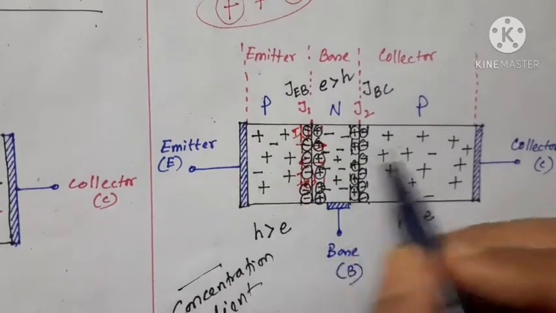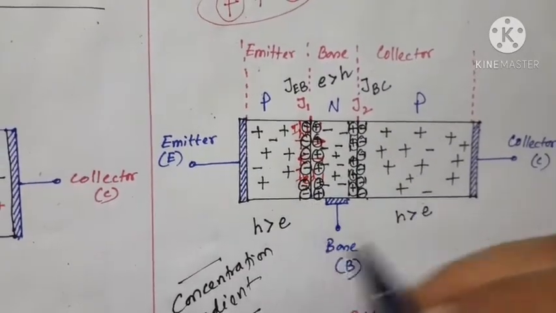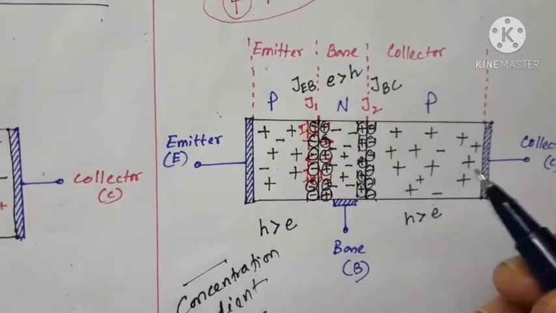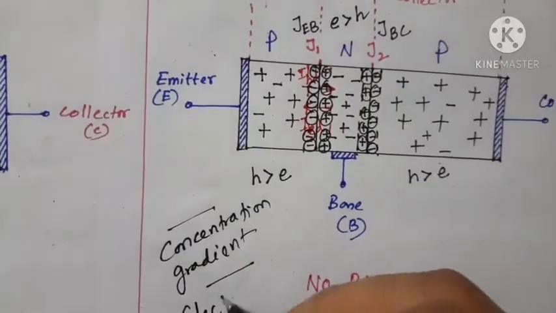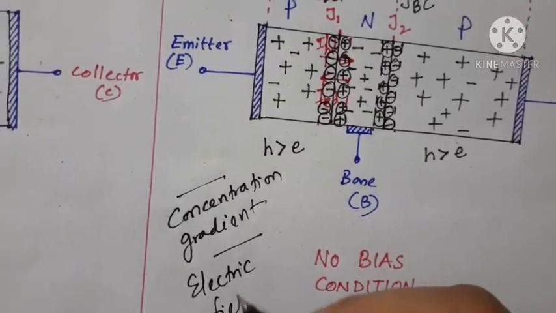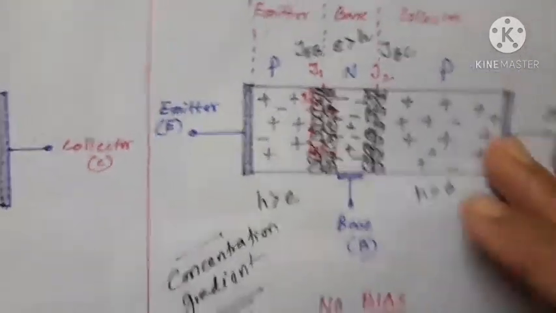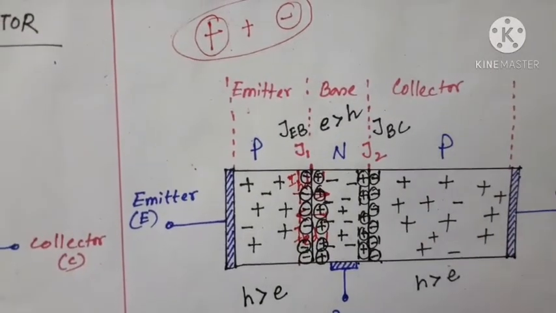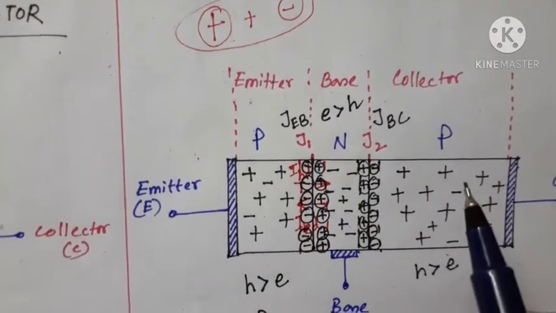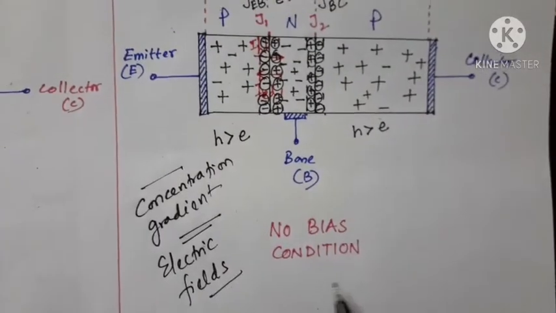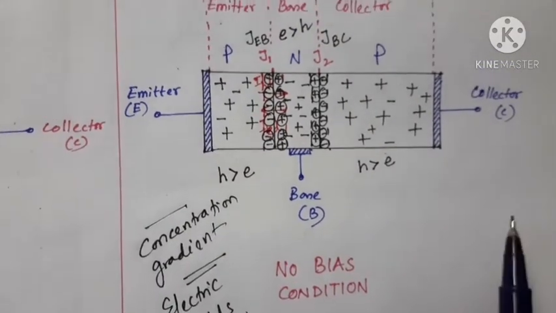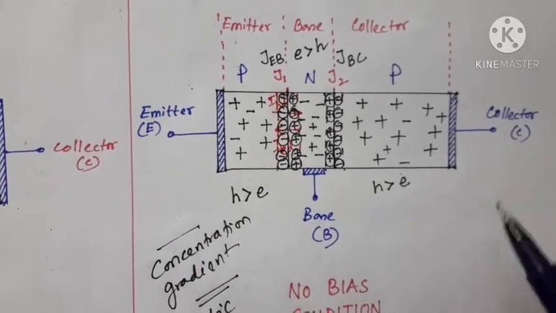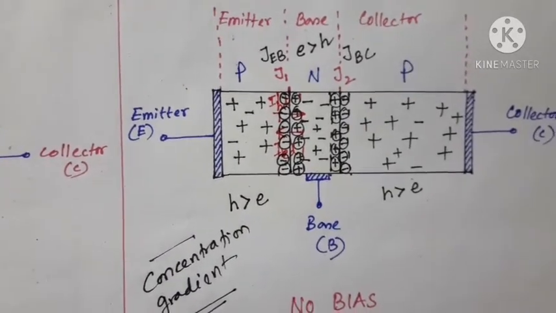Now there will be electric fields across the positive and negative charges, and this generated electric field is responsible for the drift movement. So finally we are getting currents even in the no bias condition, that is, we have not applied any voltage across the terminals.